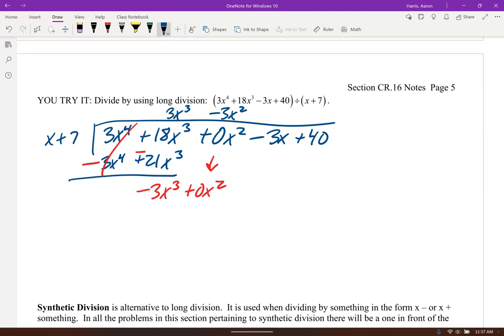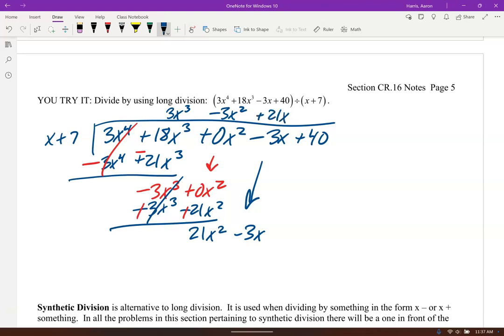Multiply it through. Negative 3x squared times x is negative 3x to the 3rd, negative 3x squared times 7, negative 21x squared. Don't forget you've got to change those signs. So that'll cancel. 0x squared plus 21x squared is 21x squared. Bring down the minus 3x. Now we're matching 21x squared. So in this case, it's got to be 21x. Multiply it through. 21x squared, 21 times 7, 147. Don't forget you've got to change those signs.